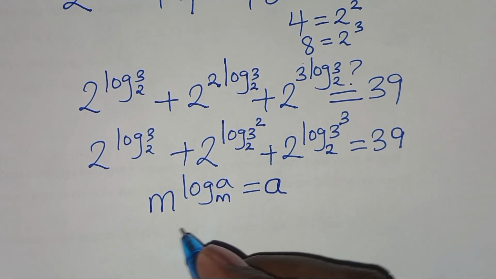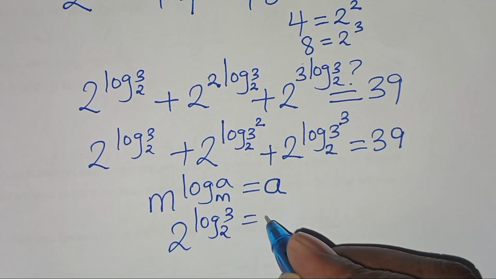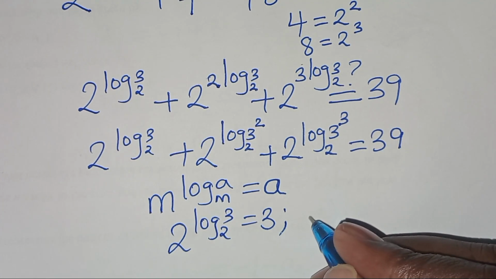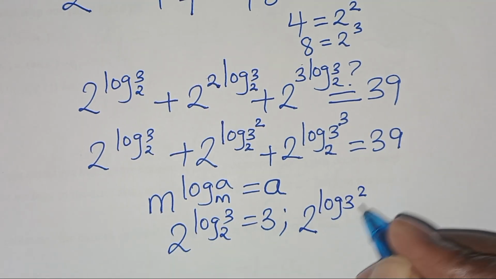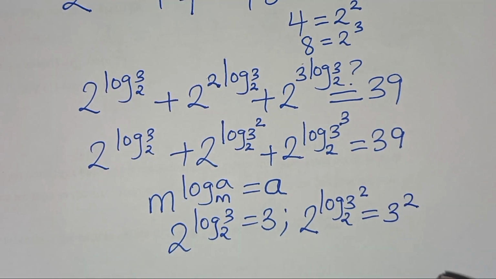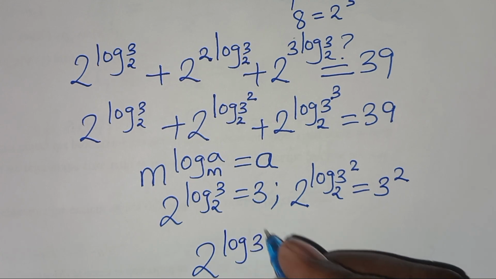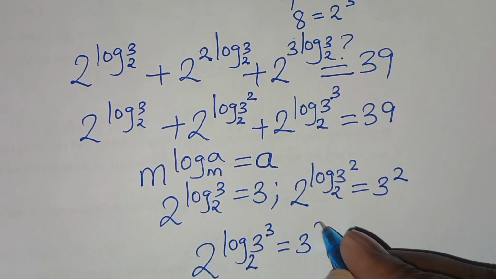Therefore, 2 to power log 3 to base 2 will give us a value of 3. 2 to power log 3 squared to base 2 will give us 3 squared. And 2 to power log 3 cubed to base 2 will give us 3 to power 3.